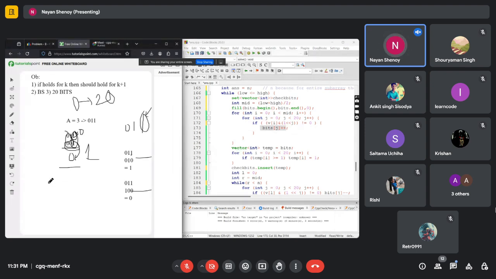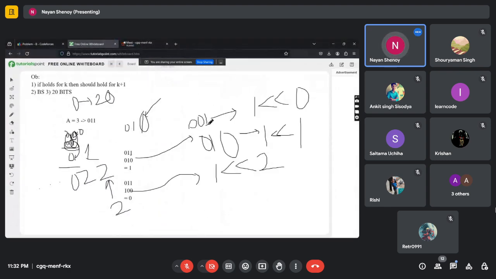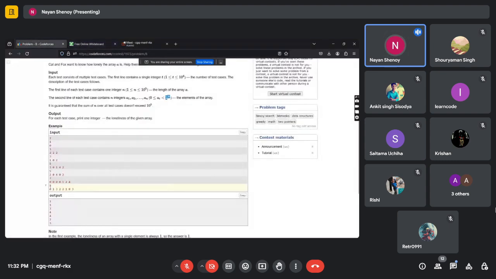Sorry, the other way around. 0, 2, 2, which means in our first position we had two set bits, one from 1 and one from 3, since our first subarray is 0, 1, 3.